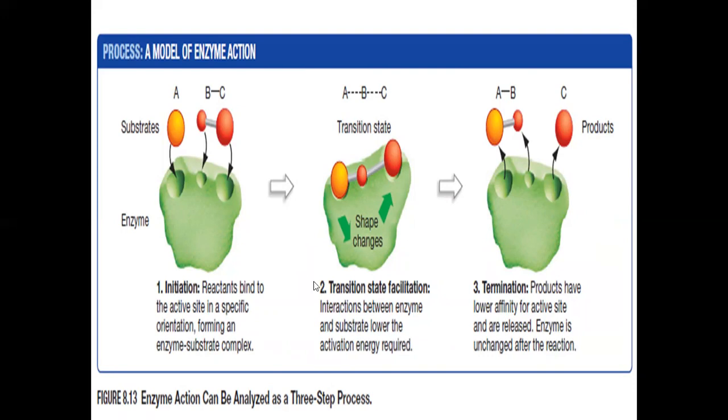Here the reactants are going to bind to the active site in a specific orientation. And what is going to be formed is the enzyme substrate complex. I'm going to show a summarized version maybe in the next slide to illustrate the process. So the reactants bind to the active site, and what will be formed is an enzyme substrate complex.